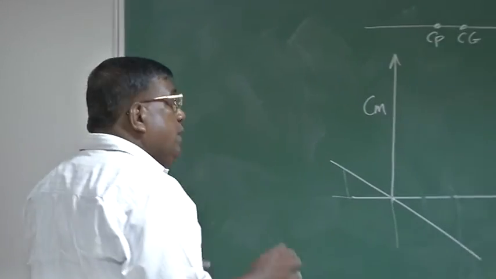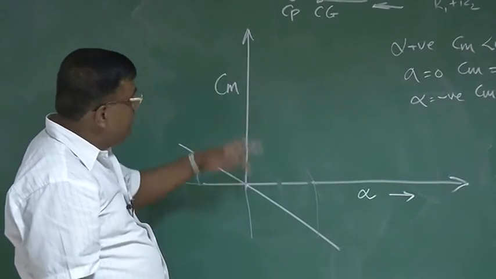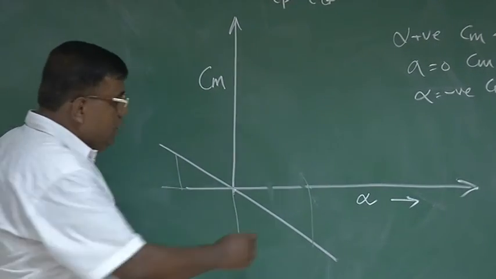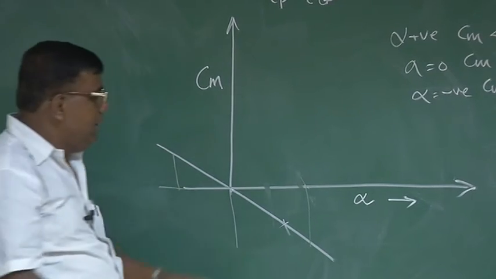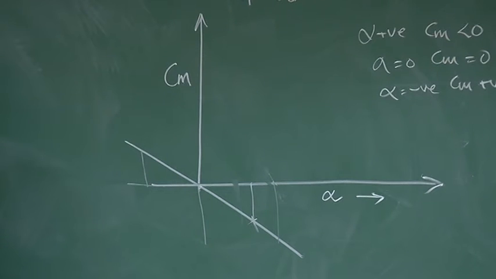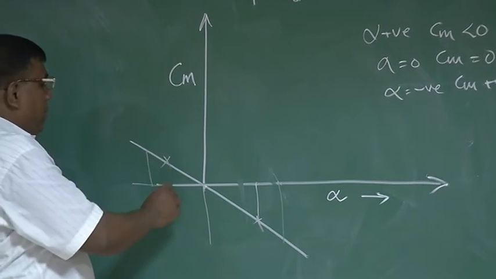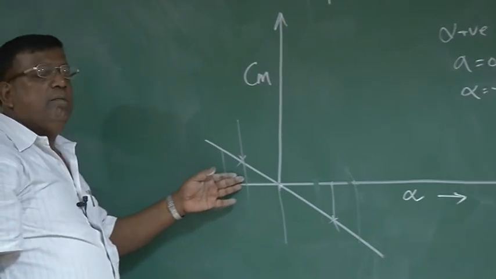Very simple. So what is the catchword? The catchword is equilibrium point. How do I find which is the equilibrium point here? Do you think this is the equilibrium point? If I see this point, there is an unbalanced moment here, so this cannot be the equilibrium point. Can this be the equilibrium point? No, because at this point there is an unbalanced moment.